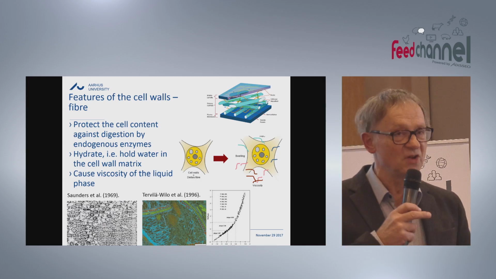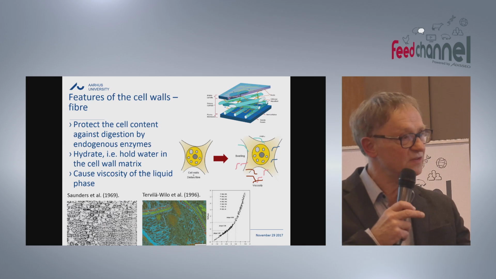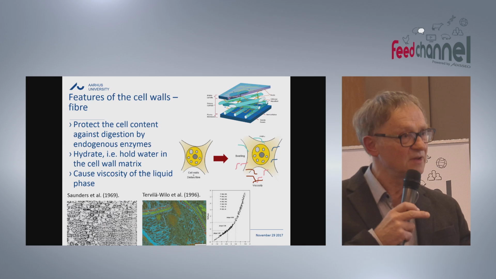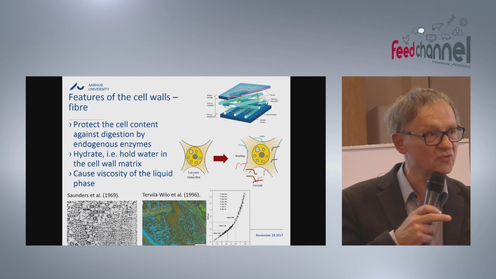Well, the aleurone cells are built of the fiber matrix, primarily arabinoxylans, and also with some cross-linkages to phenolic compounds. The whole complex is very, very rigid, which makes it impossible for the endogenous enzymes to get into the cell content.